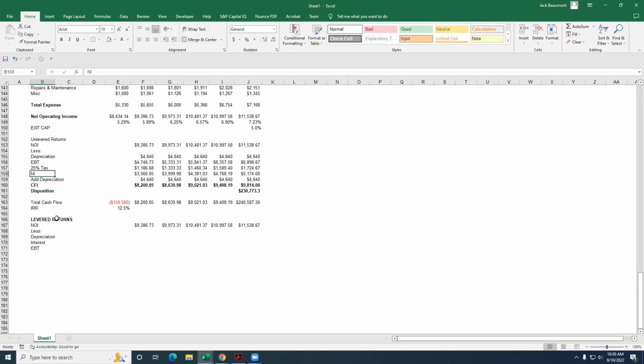And then Control C, and then less debt payments, our principal payments, and then we're going to add depreciation back up here.